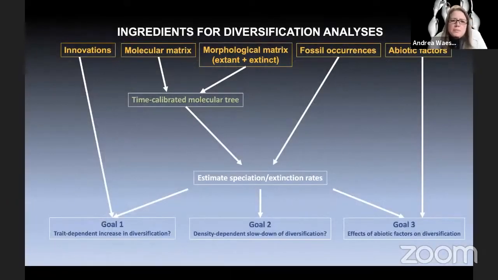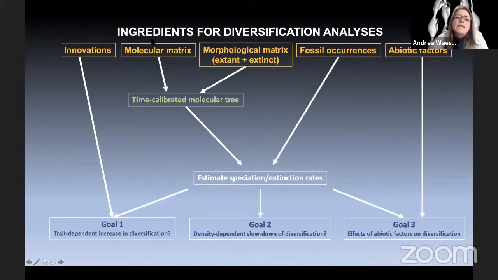In terms of our project, we're interested in diversification dynamics. And here at the top, we have the ingredients that go into our analyses. So we have innovations, so functional traits, morphological traits that may have led to an increase in diversification rates.